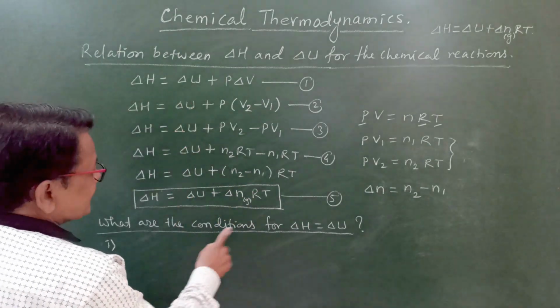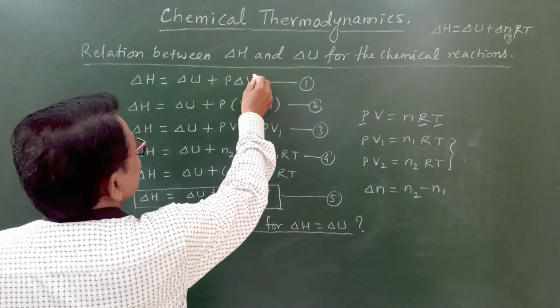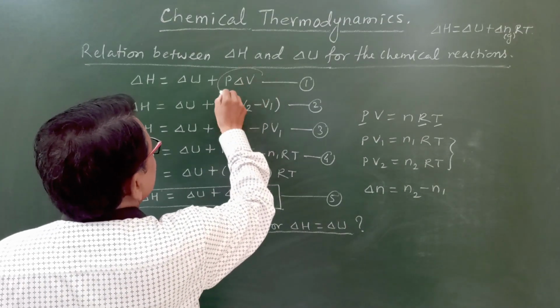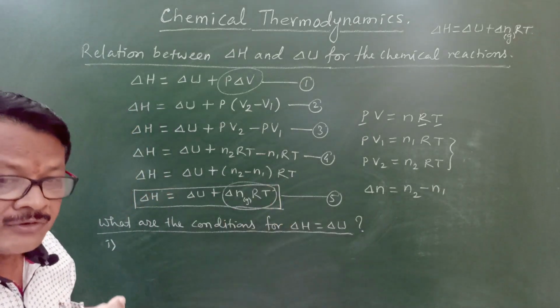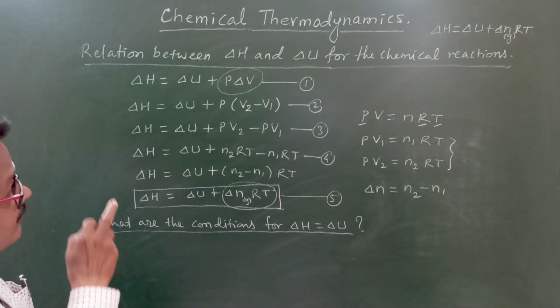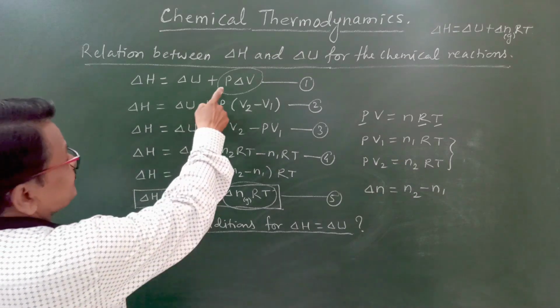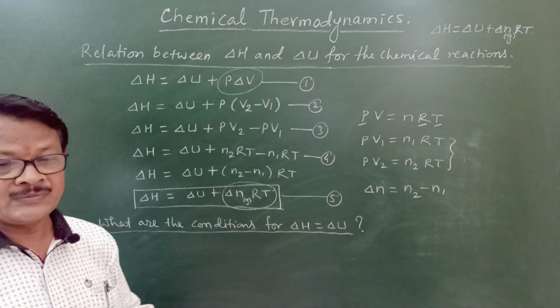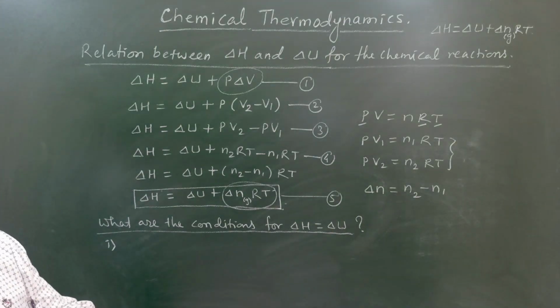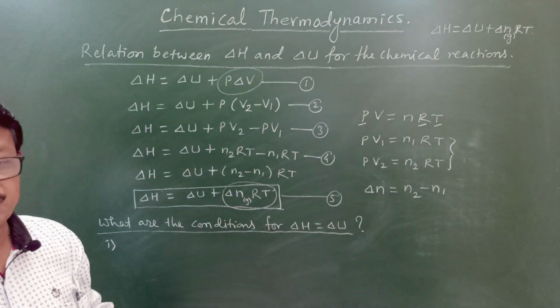When delta H is equal to delta U, both these terms, P delta V and delta nRT, will be 0. And we have to think, when will these two terms be 0, and only then delta H is equal to delta U. In three cases, these two terms will be 0.